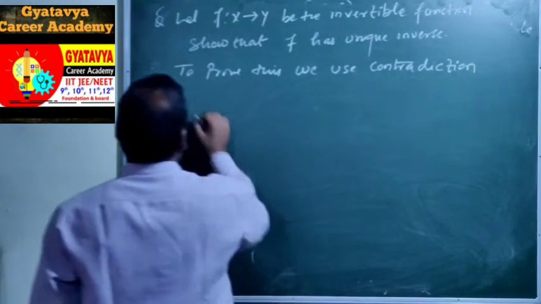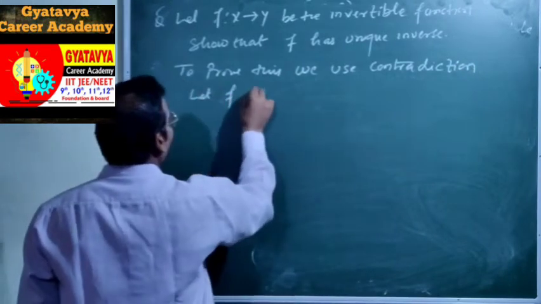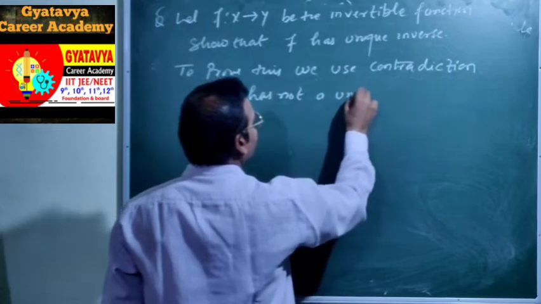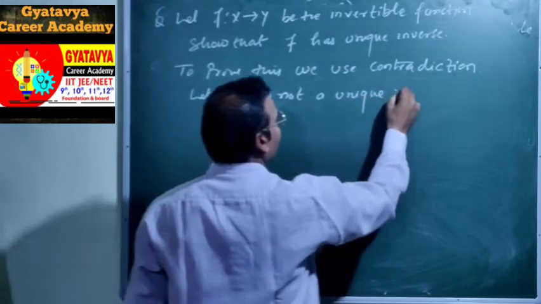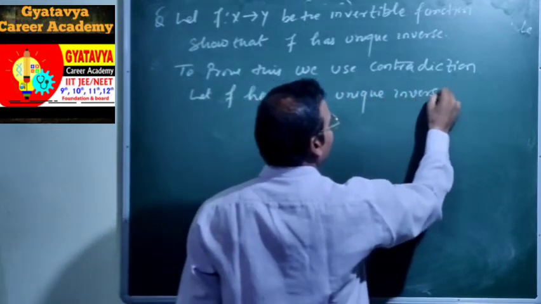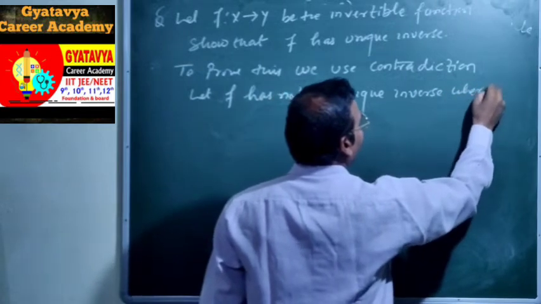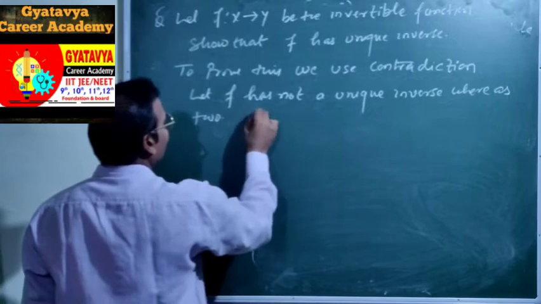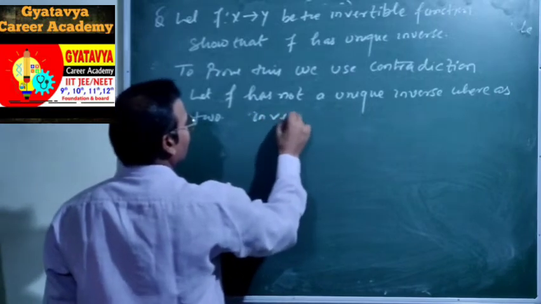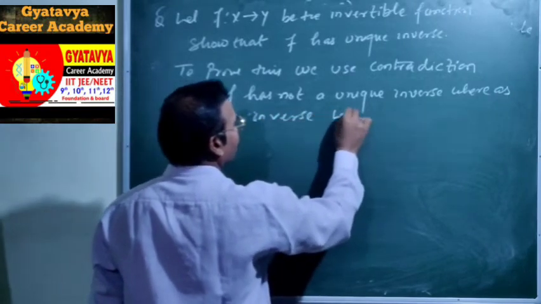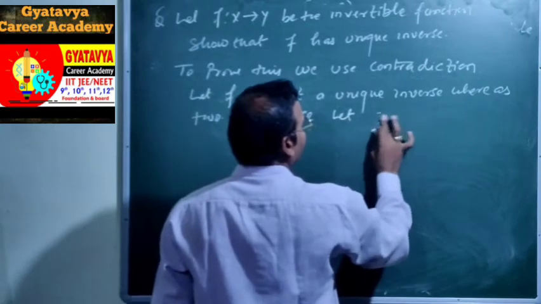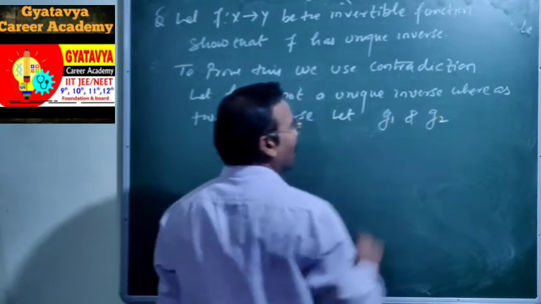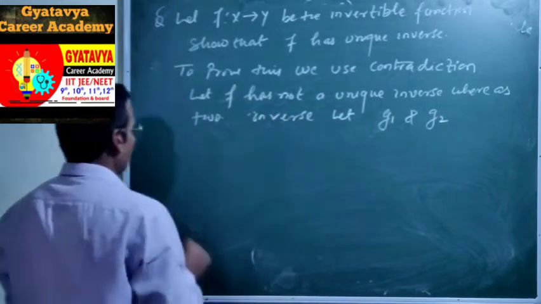Let f have not a unique inverse, whereas two inverses, let g1 and g2.